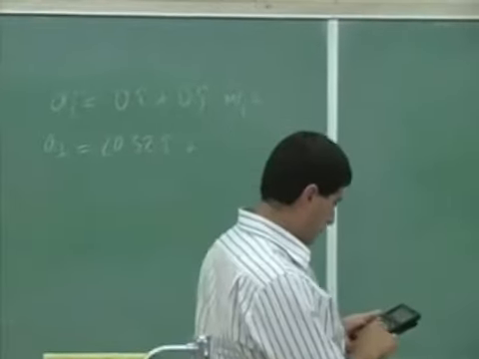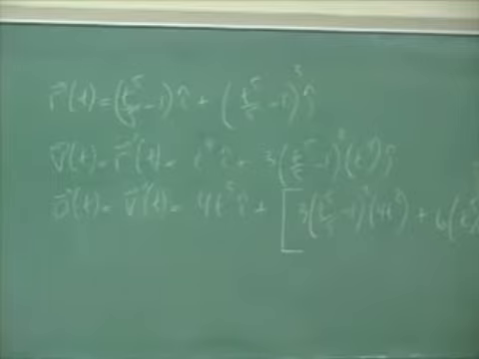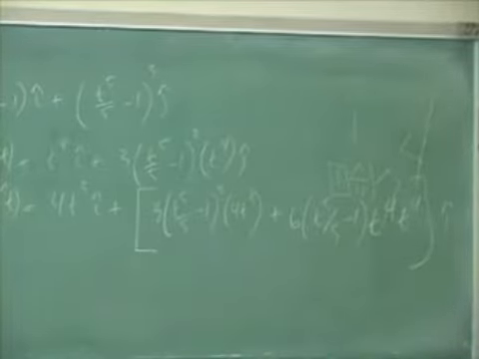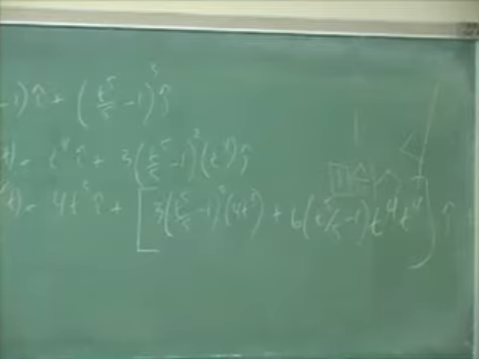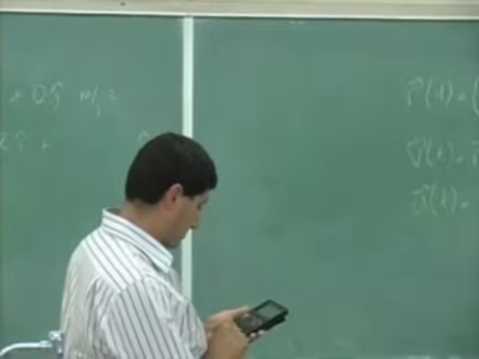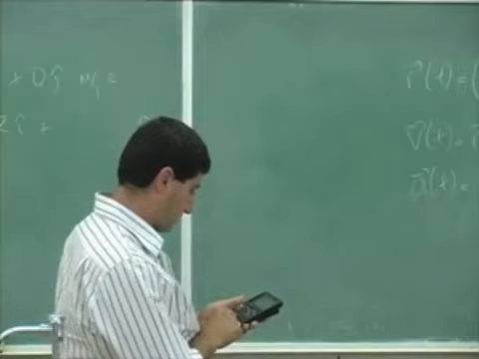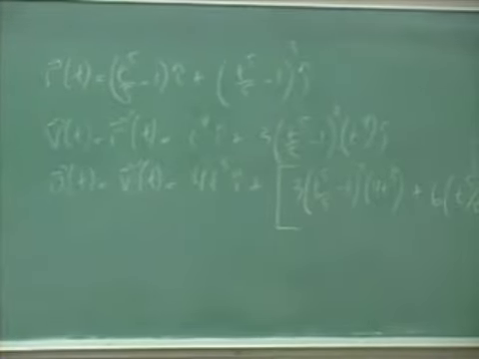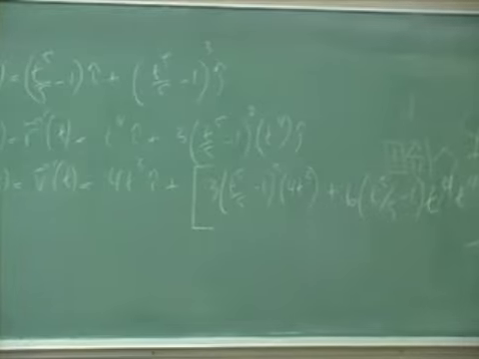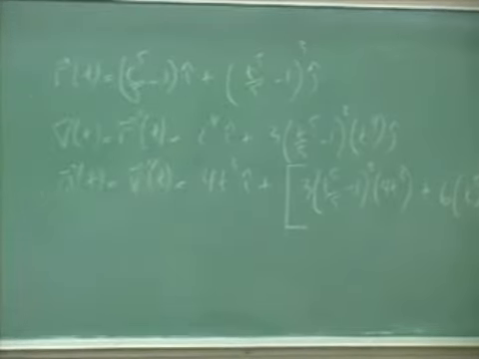Now let's see here. 12 times 1.719 to the power 3 times... it's going to be a huge number. 1,160.